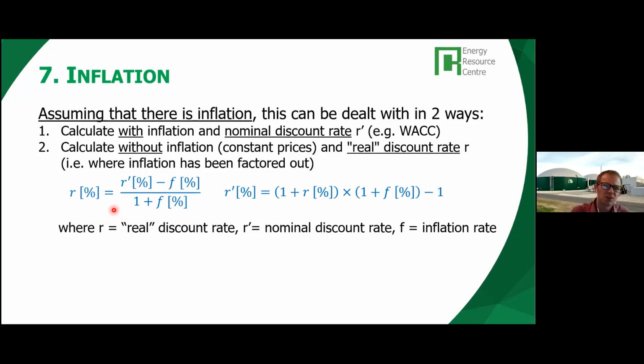It means that the real discount rate that we use is actually lower than the nominal discount rate. That is one to remember. So if you have an analysis where you factor out the inflation, then you can use a lower discount rate to value the net present value of the cash flows throughout the project period.